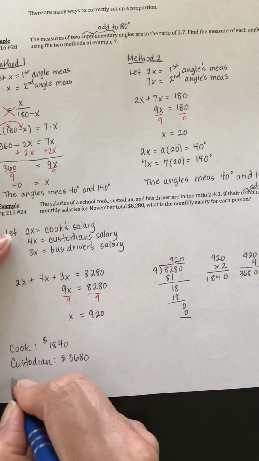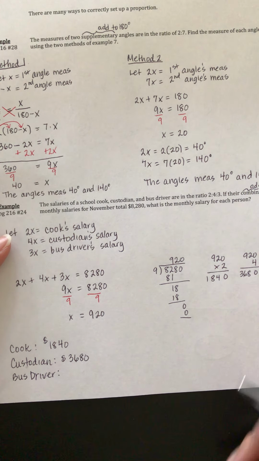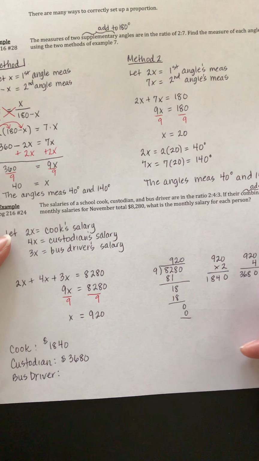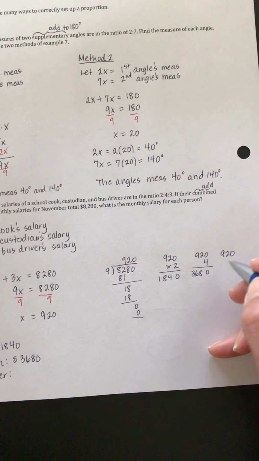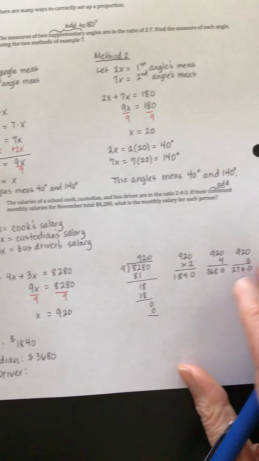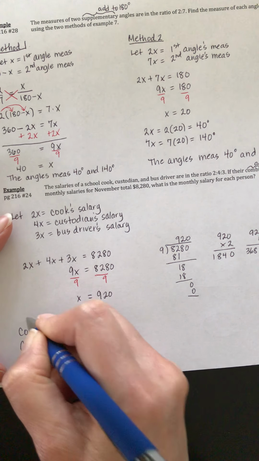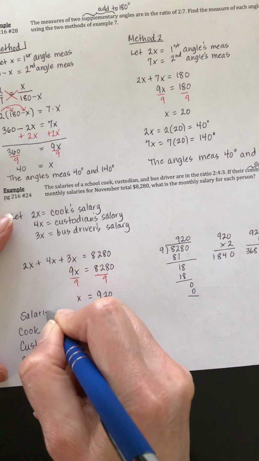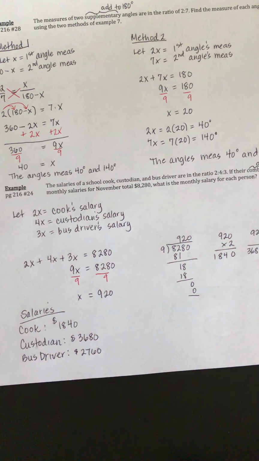Okay, and lastly, the bus driver, we're going to multiply 920 times 3, which gives us 2760. So here are our salaries for the cook, the custodian, the bus driver. That completes page 2, and we're done with handout section 5.1.